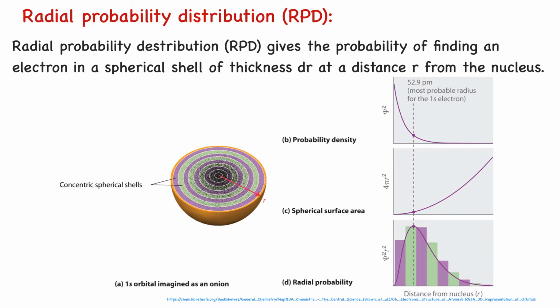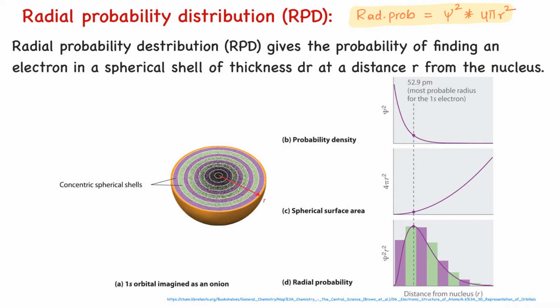Imagine the 3D space around the nucleus is made of very thin concentric shells like the layers of an onion. The radial probability is the probability of finding an electron in a particular concentric shell. The way we do it is by multiplying the probability density at a particular radius with the surface area of the concentric shell corresponding to that radius.